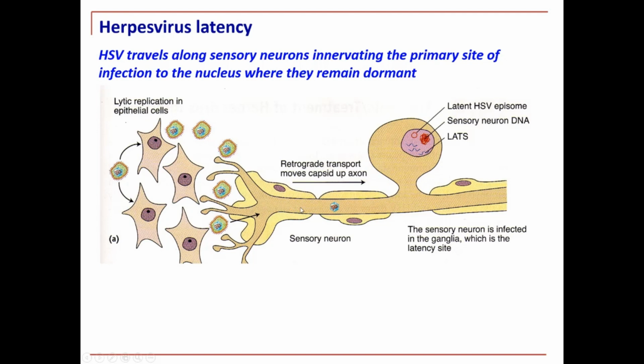You get retrograde movement of the capsid along the axon, where it moves into the nucleus, where it can remain dormant. And in HSV, the genome persists as an episome, so that's independent of the double-stranded DNA. Here you've got your latent HSV episome, and here you've got your sensory neuron DNA, so that's your cell DNA.